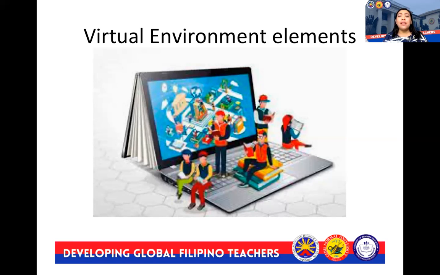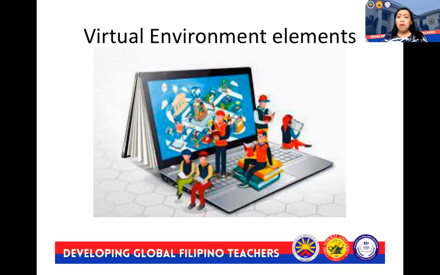Another important element that we need to understand is how we navigate the virtual environment. For the past 2 years, we have been learning via the virtual environment caused by the pandemic. And of course, with the Industrial Revolution 4.0, we are catapulted into the virtual environment.